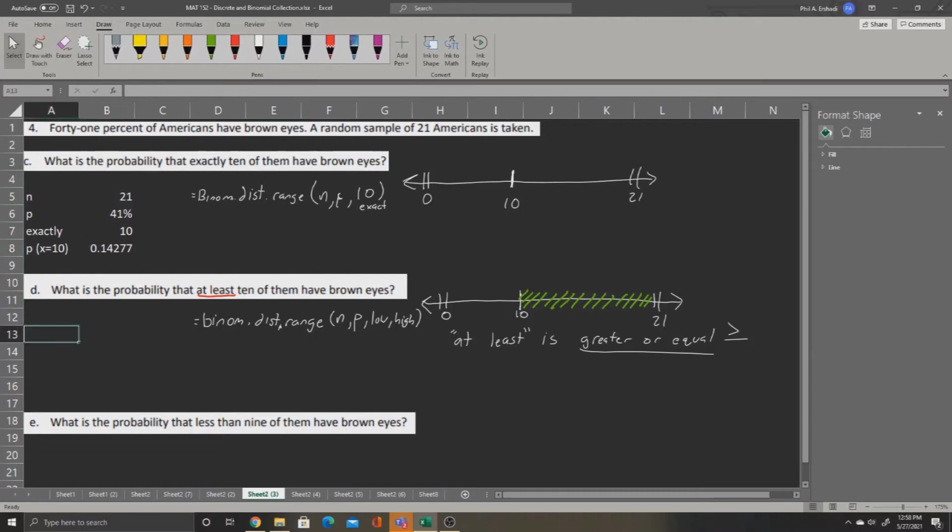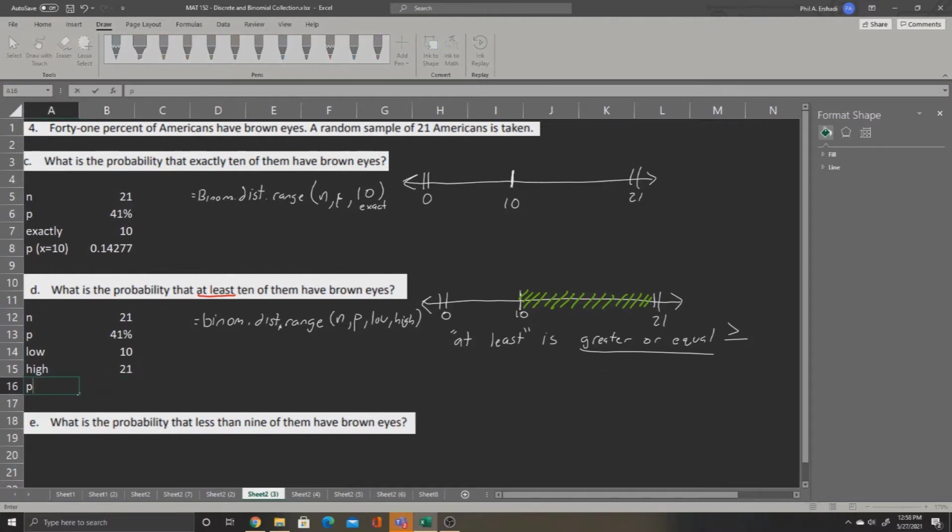So we'll make labels for each of these with n, p, low, and high. Our n will be the number of samples, that's 21. The p is 41%. The lowest number in the range is 10, and the highest is 21.